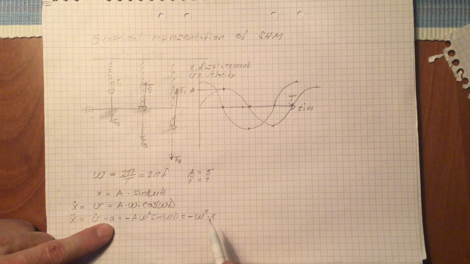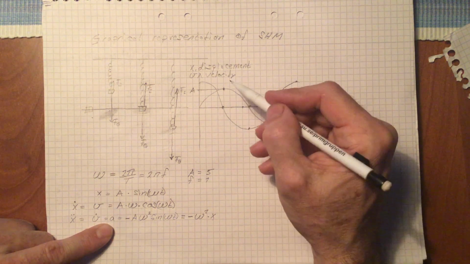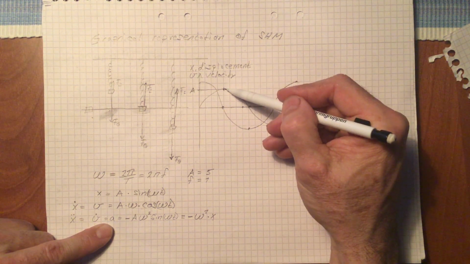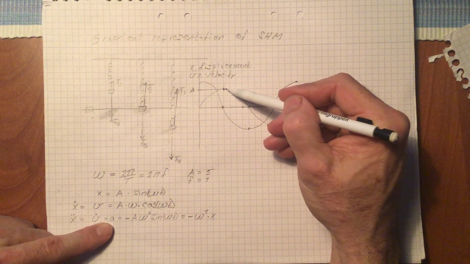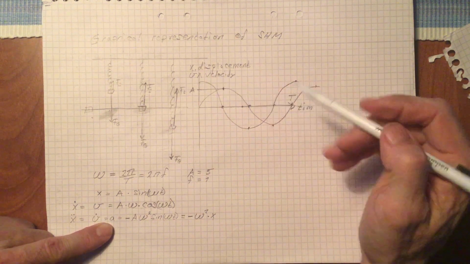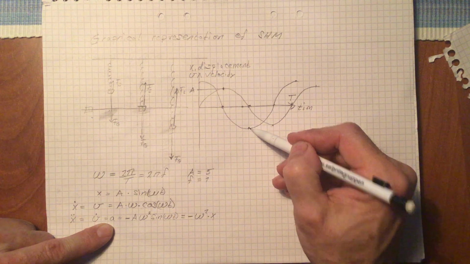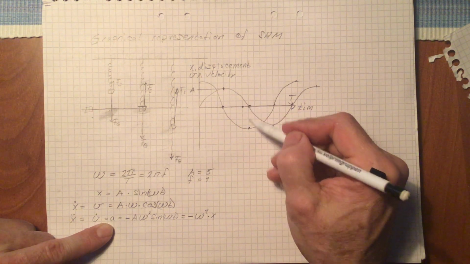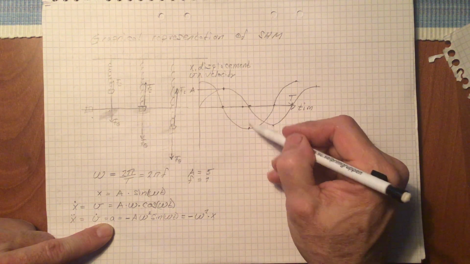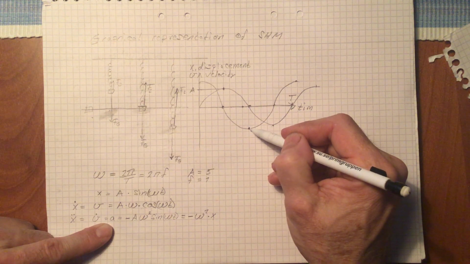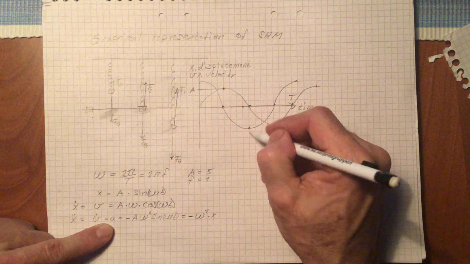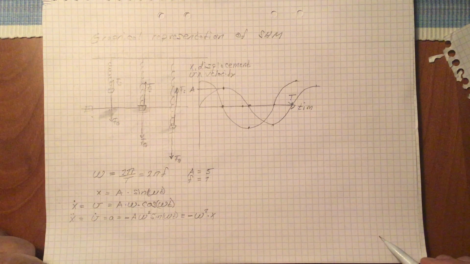That means the higher the displacement, the higher the acceleration. So we have the maximum acceleration here, because then the resultant force is the greatest. And we have the highest acceleration here as the displacement is highest. But the acceleration is always directed towards the equilibrium.